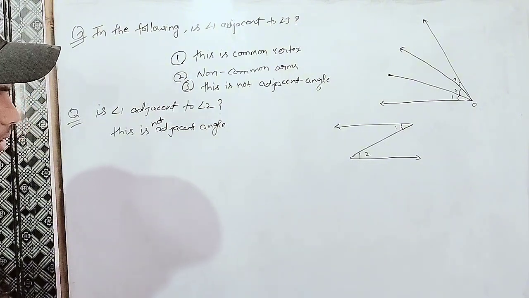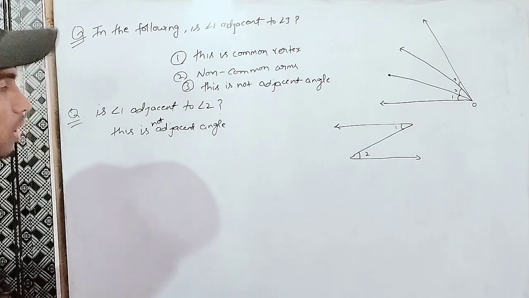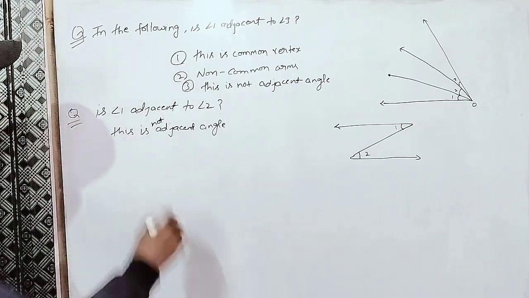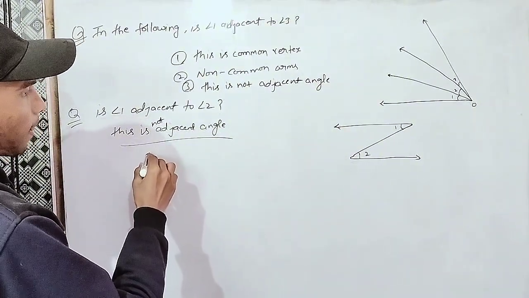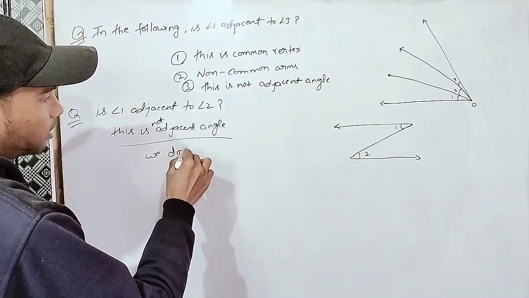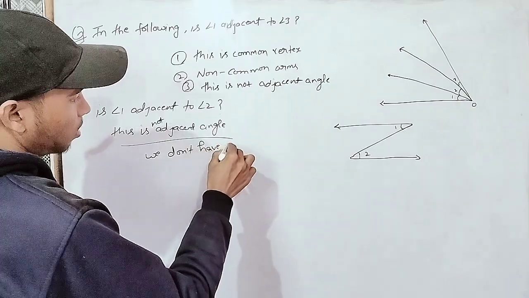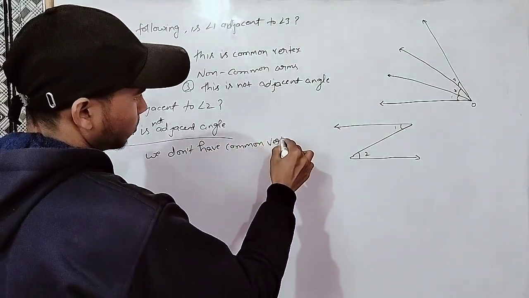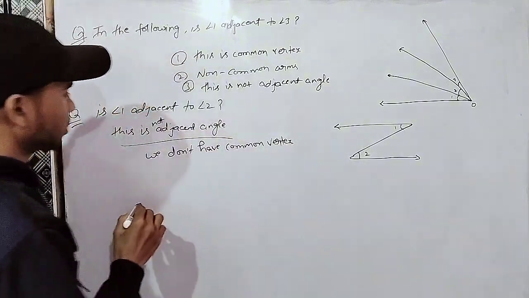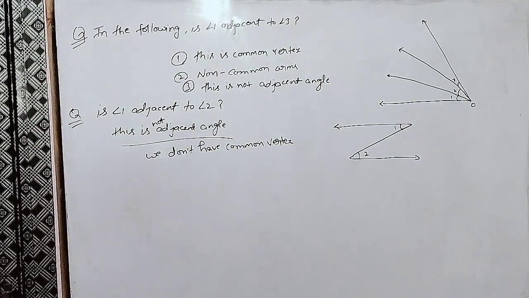We have a common arm, but we don't have a common vertex. That's why this is not adjacent.